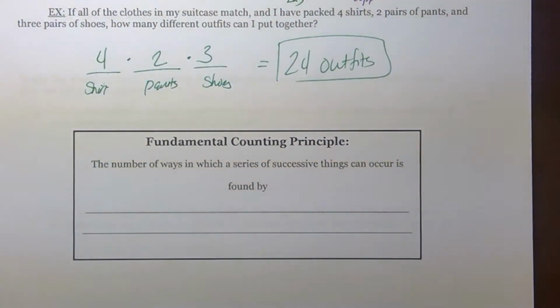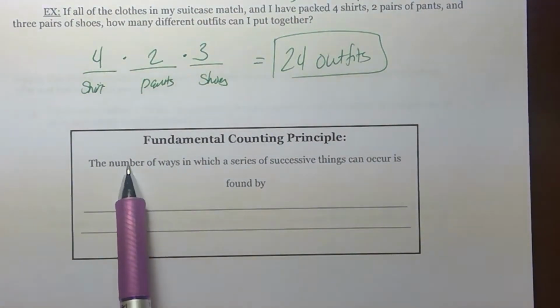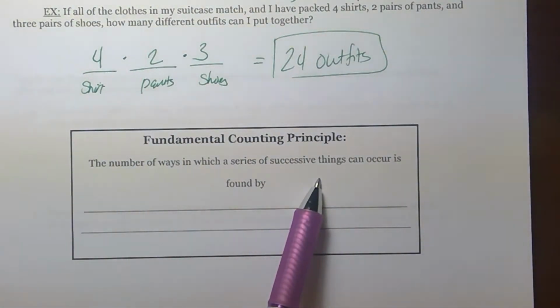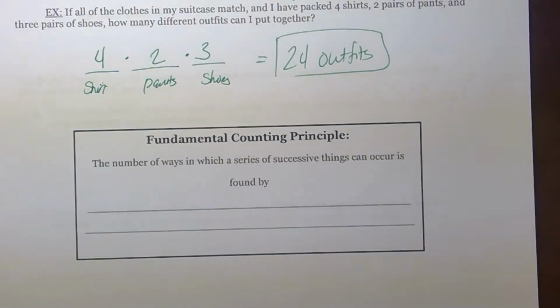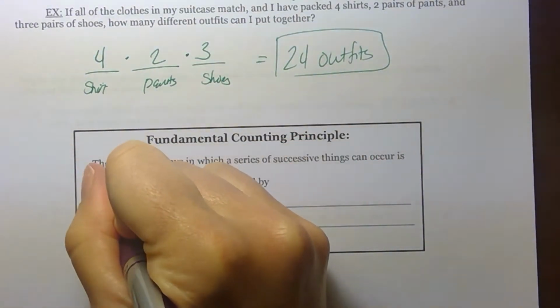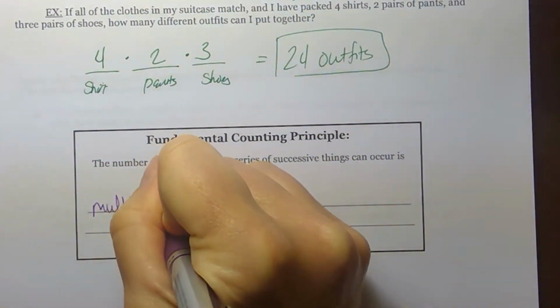And then we're going to reiterate one more time the definition of our fundamental counting principle. The number of ways in which a series of successive things can occur is found by multiplying the number of possibilities for each event.